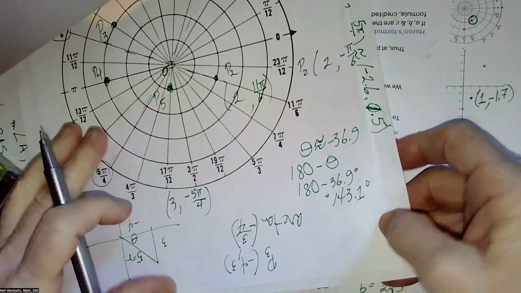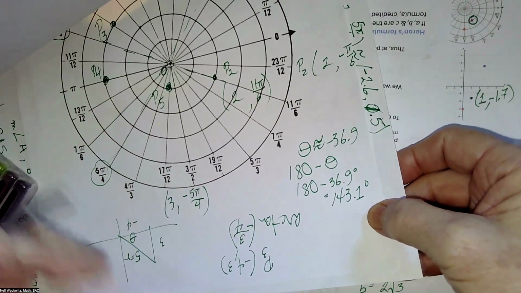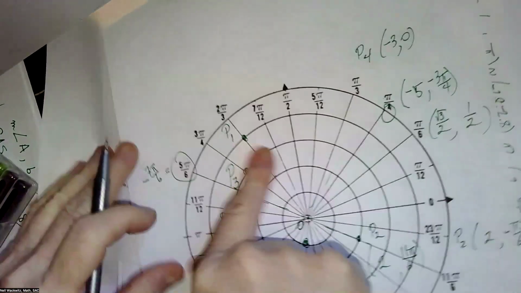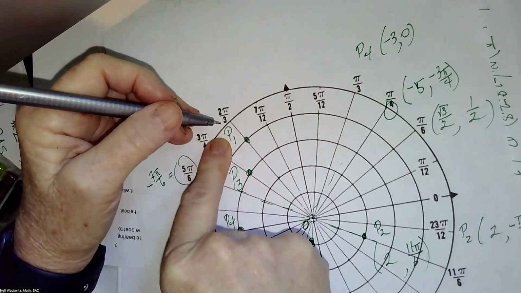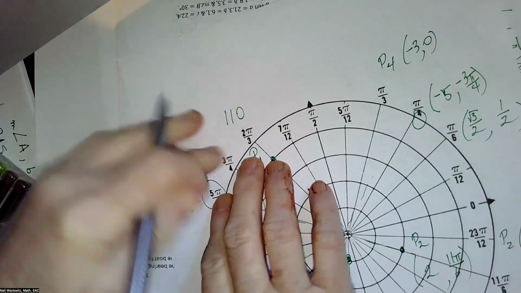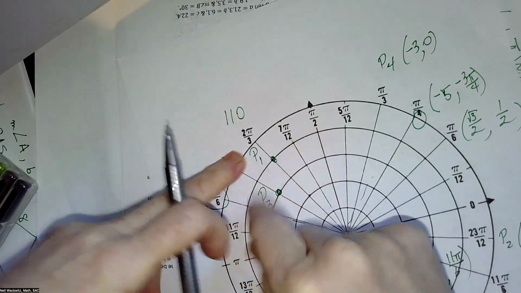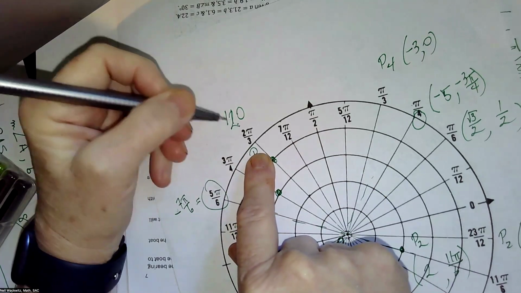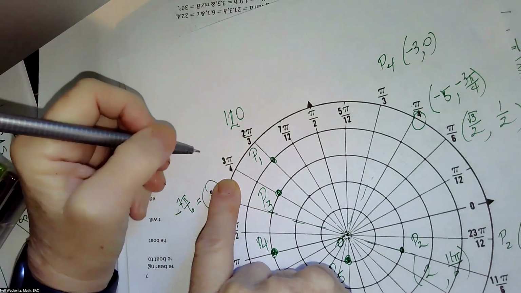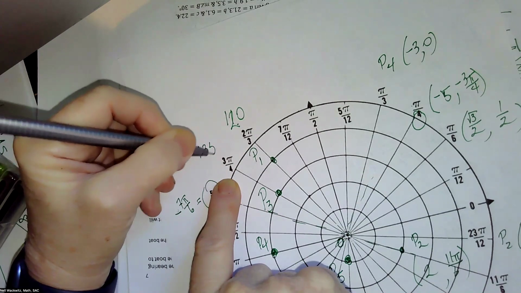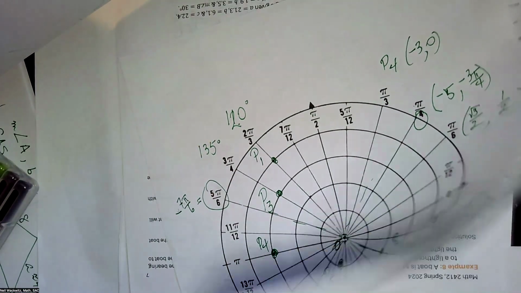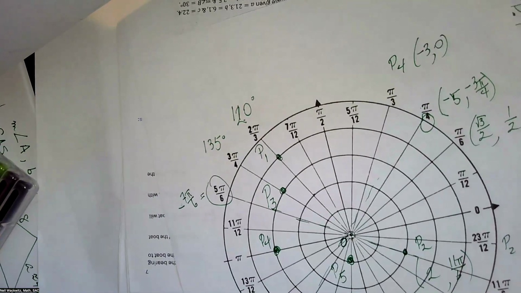And I'm going to find its position by comparing it with angles that I know. So I know that 2 pi over 3 is 120 because it's 30 plus 90. That 3 pi over 4 is 135. And our angle was 143.